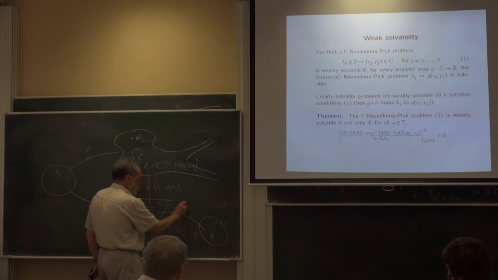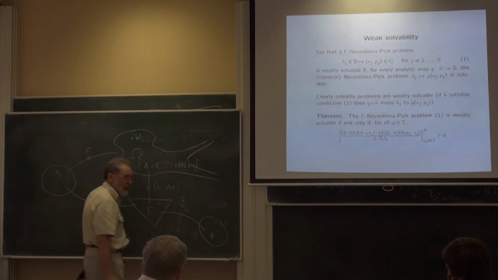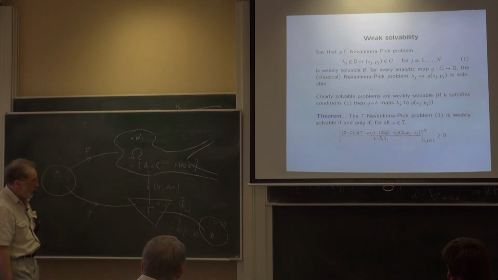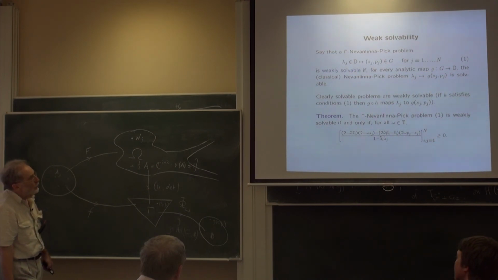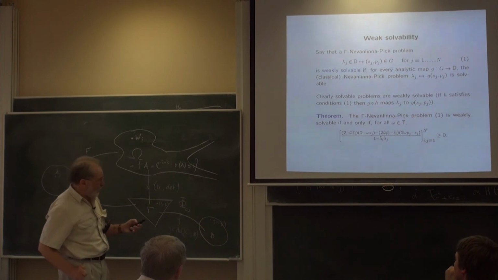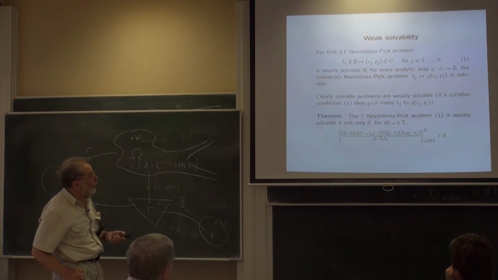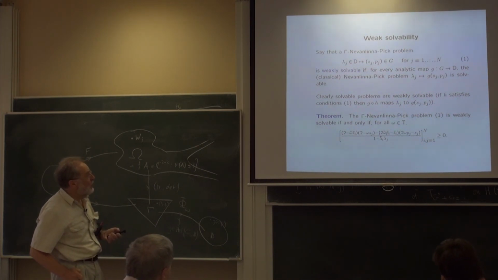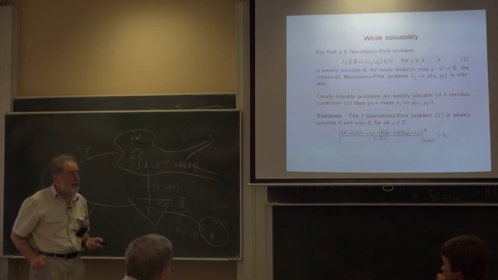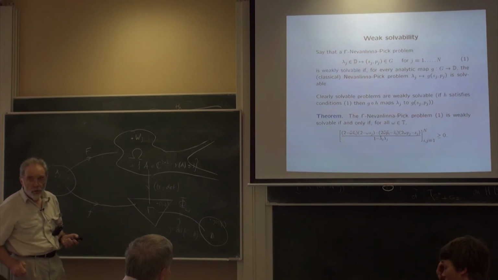It's enough just to look at those special ones, phi sub omega, which I introduced, where omega ranges through the unit circle. And that's equivalent. So this gamma Nevanlinna-Pick problem is weakly solvable if and only if this one parameter family of n by n matrices are all positive.